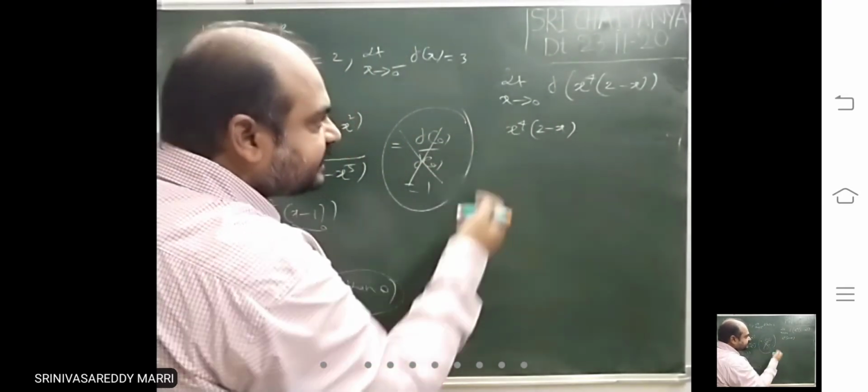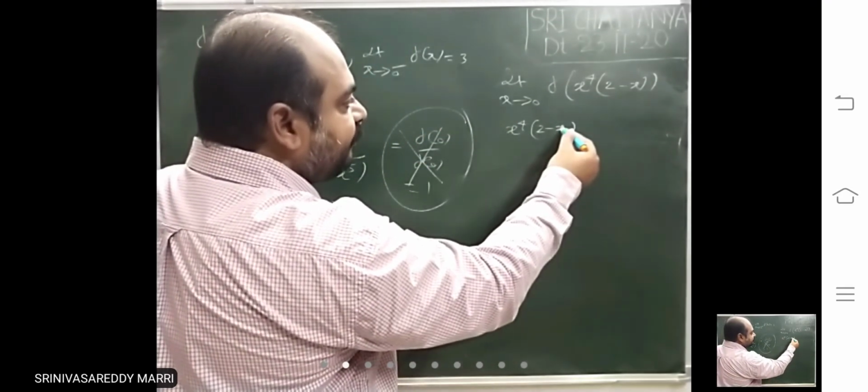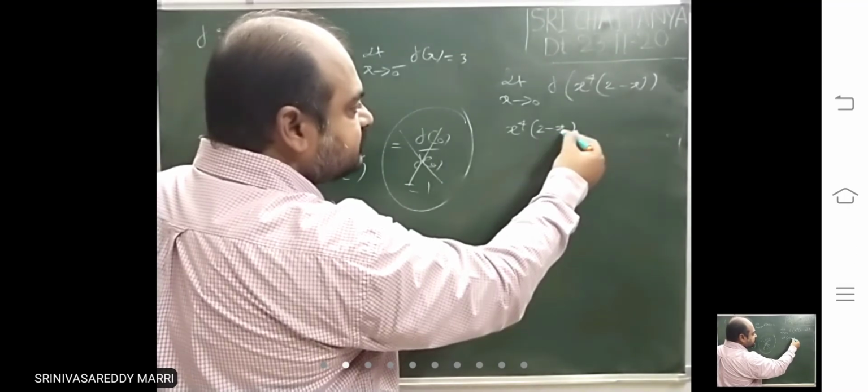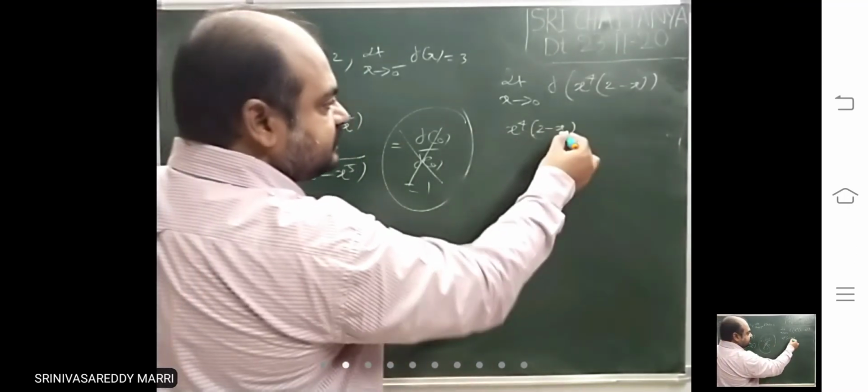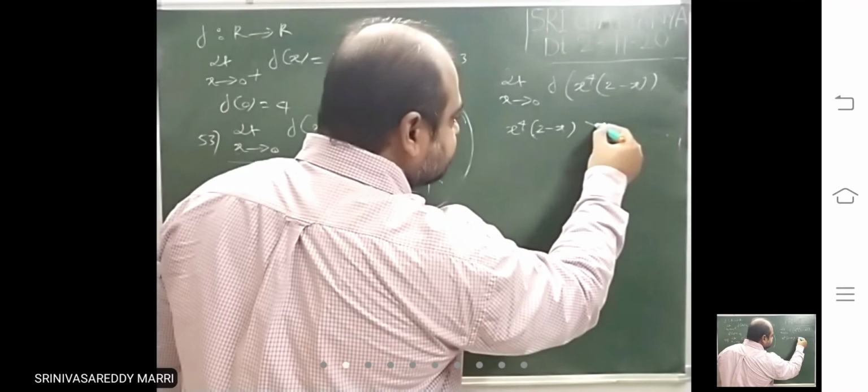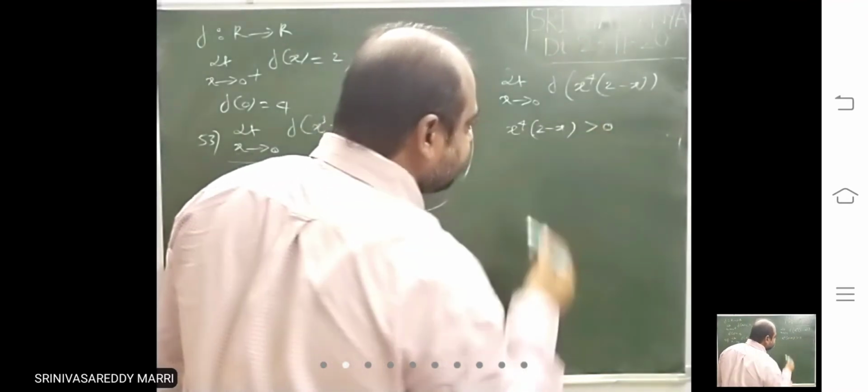When x is just less than 0, you substitute minus 0.001, this is also positive. That means this is just greater than 0.